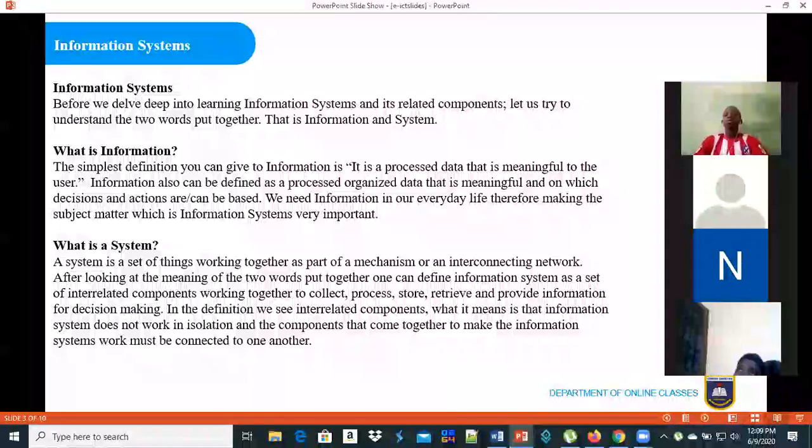So at every stage in the information system processes, you take what? A decision after you've gone through all the processes, from collecting the data to processing it, to storing it, retrieving, and then finally disseminating the information. So it is very, very important that when defining information system, you look at these things. They don't work in isolation.